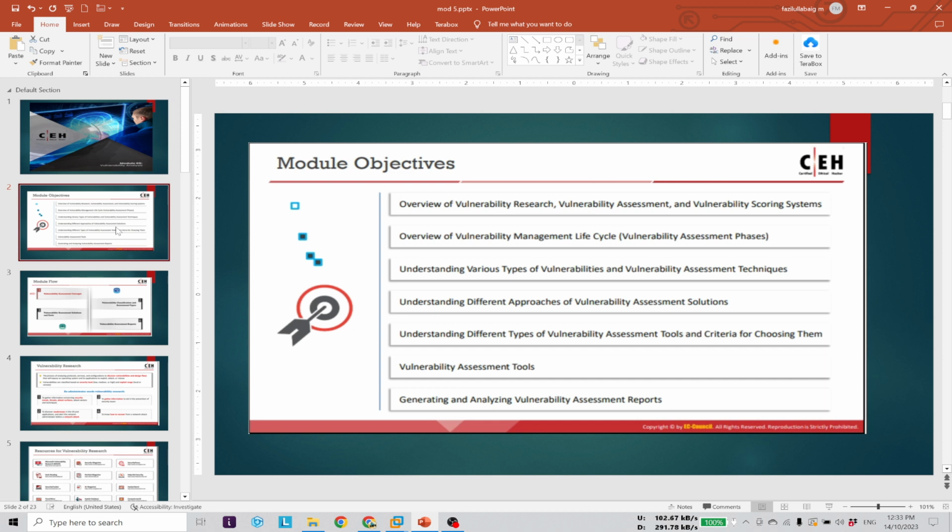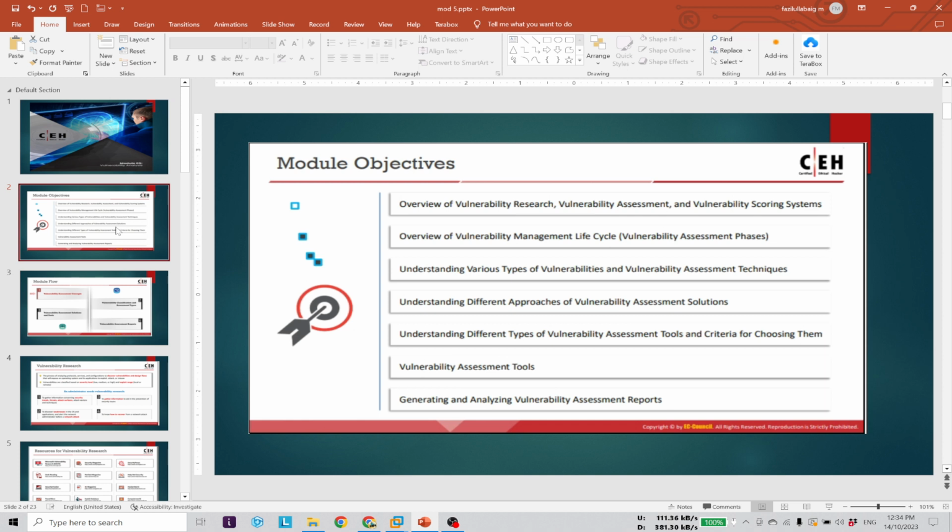Understanding various types of vulnerabilities and vulnerability assessment techniques. Understanding different approaches of vulnerability assessment solutions. Understanding different types of vulnerability assessment tools and criteria for choosing them. Vulnerability assessment tools, and the last, generating and analyzing vulnerability assessment reports.